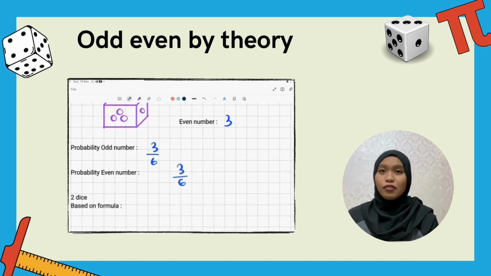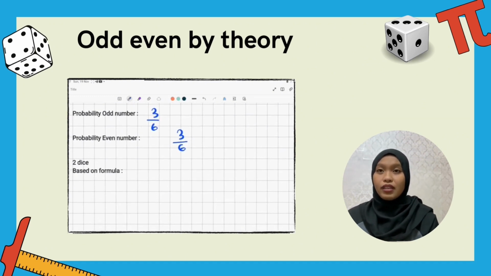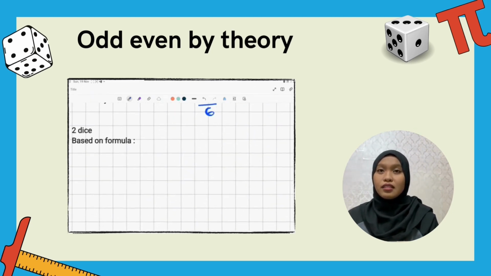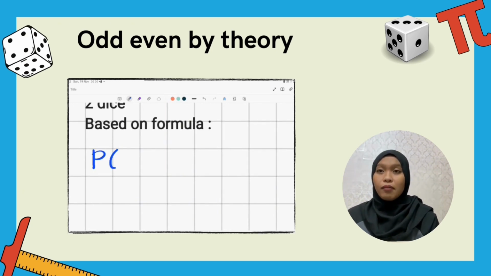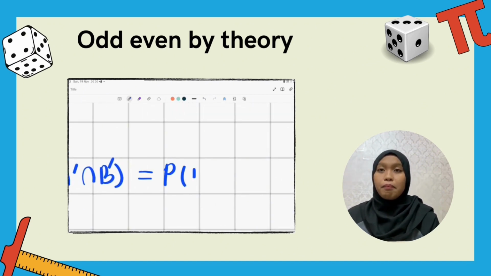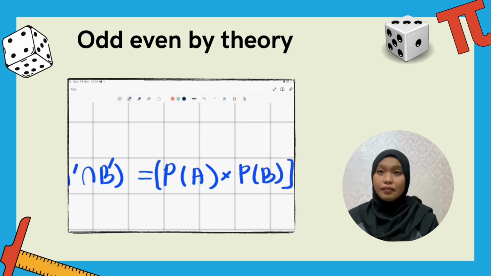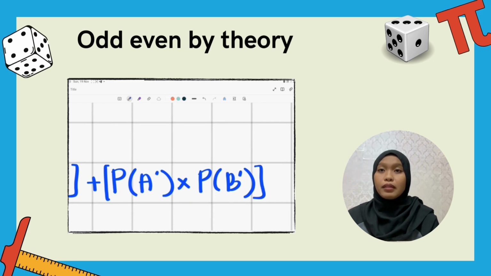But how to calculate the probability of getting one odd number and one even number for two dice? We can compute the probability of this event based on the formula: probability of A intersect B plus probability of A prime intersect B prime equals probability A multiplied by probability B plus probability A prime multiplied by probability B prime.